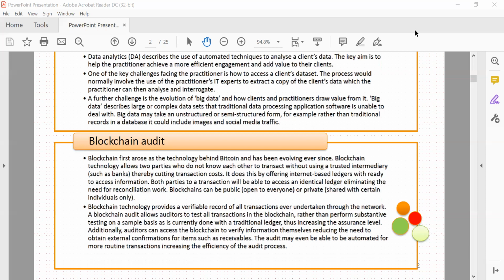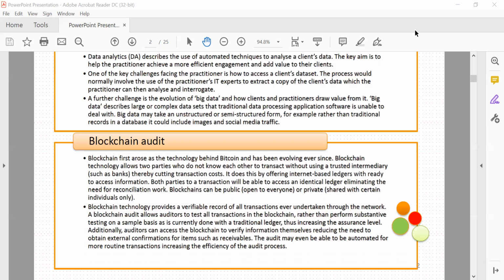Additionally, auditors can access the blockchain to verify information themselves, reducing the need to obtain external confirmations. This is a very good point. In the normal audit process as we have it today, auditors must get external confirmations.